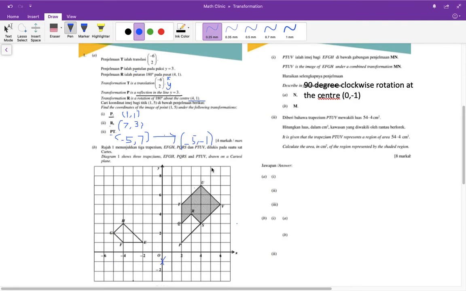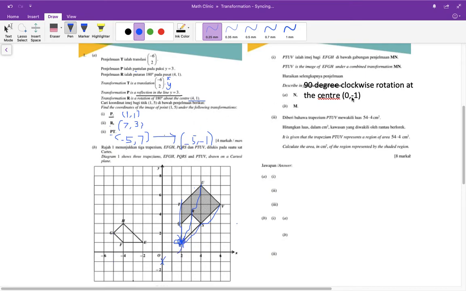You draw straight lines over here, and after you draw all these, you will realize that all the lines connecting the points of the object and image meet at the same center. It all accumulates over here. That means this is the center of enlargement. But you don't write center of enlargement, okay?